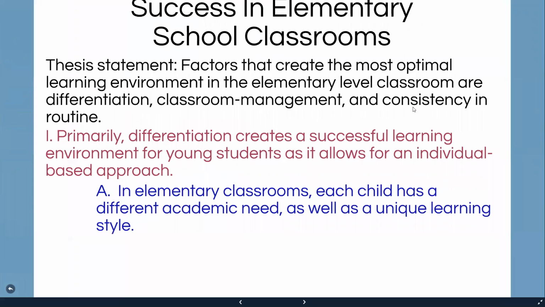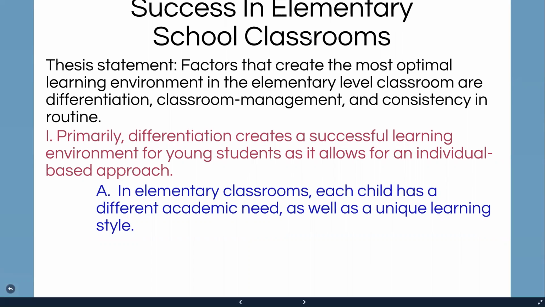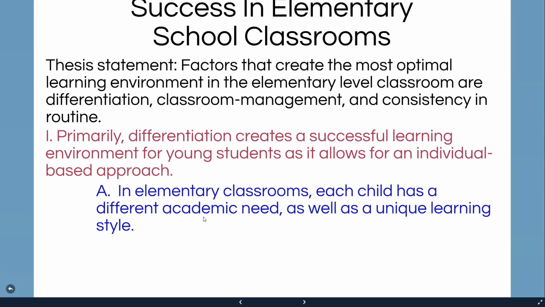Jumping over to our graphic here, again, our information is organized starting with that title, then going to that thesis statement. After your thesis statement, your main idea, which reads primarily, differentiation creates a successful learning environment for young students as it allows for an individual-based approach. And then taking that last part about that individual-based approach and making it relatable to that next sentence, which reads, in elementary classrooms, each child has a different academic need as well as a unique learning style.